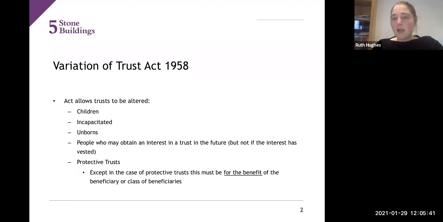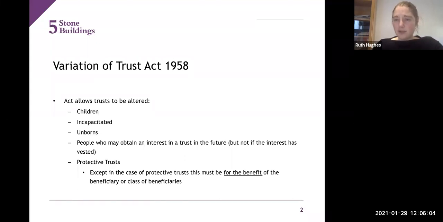So, for example, the trustees may be given a discretion under the variation to benefit a class involving A, B, and C. And this is going to be maybe for the benefit of A, B, and C, even though the trustees could decide to benefit only A later and not B or C. So that can be a benefit for that class.